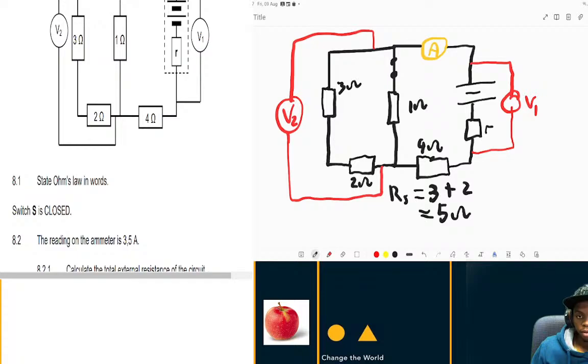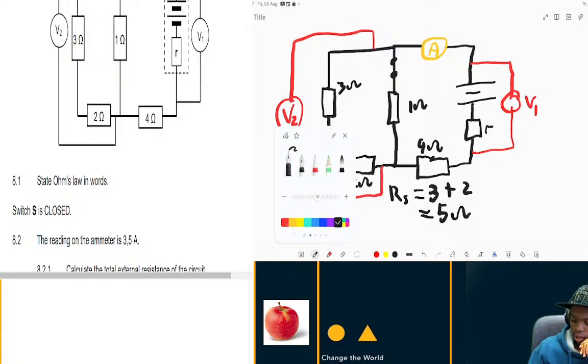Right? So now after we get the 5 ohm resistor, we can even write our component like this.